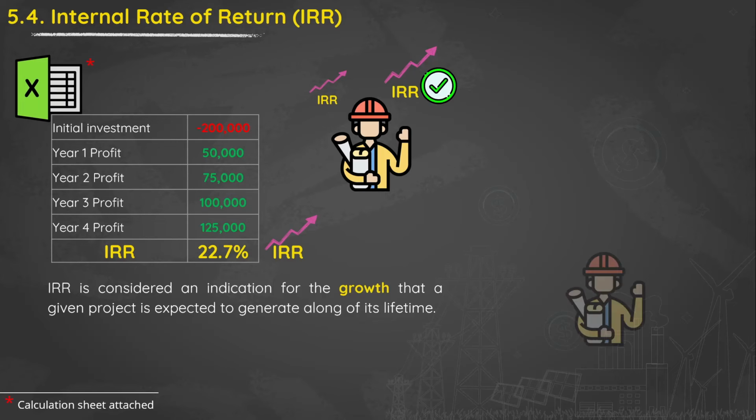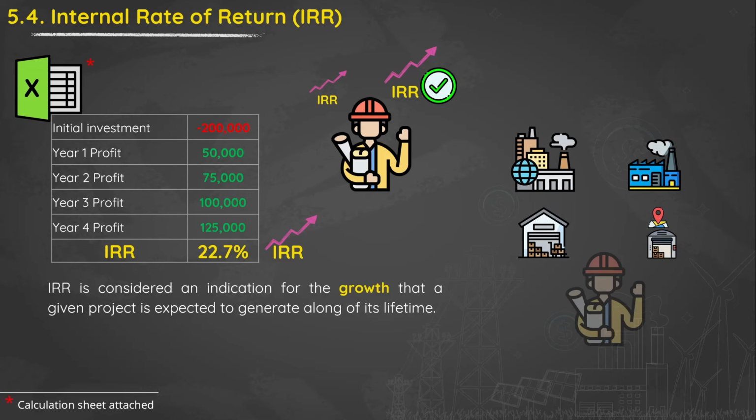How is that? For example, you may face the situation of building a new warehouse in a different location or extending the existing one to have a bigger warehouse, or building a new power station, or renovating the existing one and increasing its capacity. For each set of these alternatives, we know that both of them are profitable, both are going to be an addition to our business and provide growth.